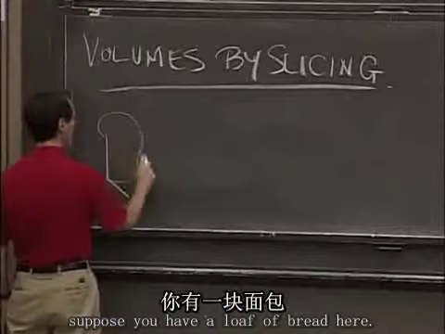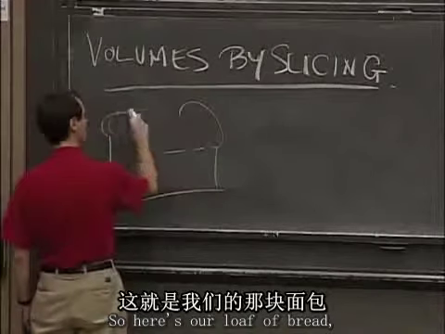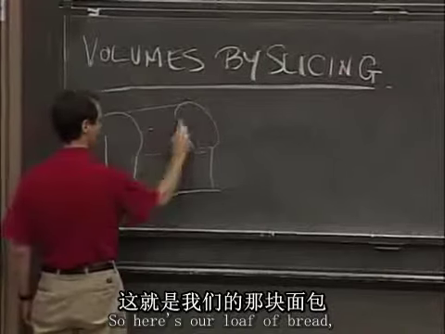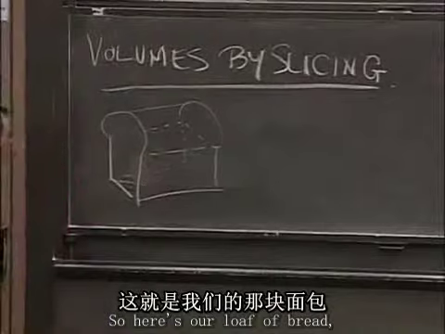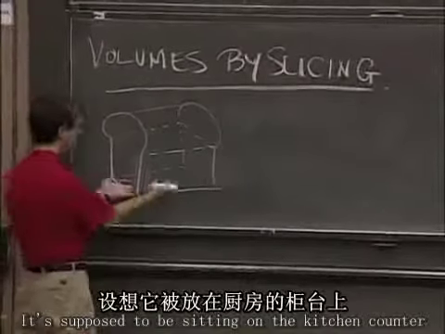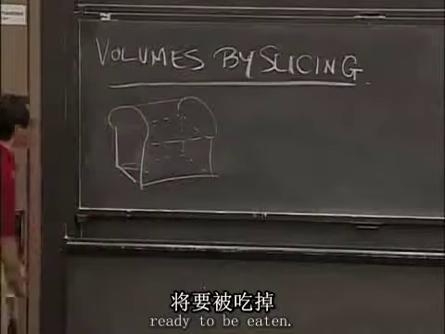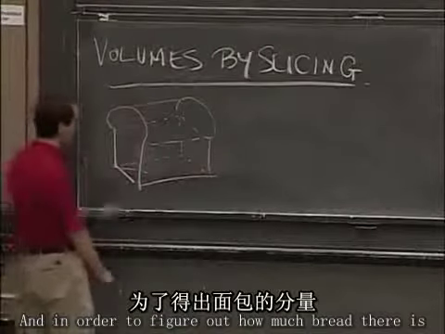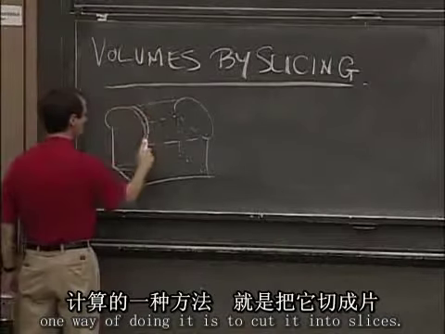suppose you have a loaf of bread here. So here's our loaf of bread. And I hope that looks a little bit like a loaf of bread. It's supposed to be sitting on the kitchen counter ready to be eaten. And in order to figure out how much bread there is, one way of doing it is to cut it into slices.